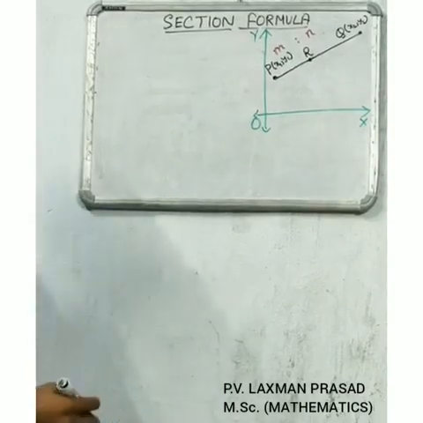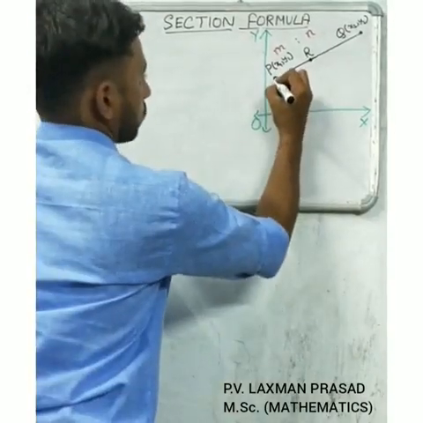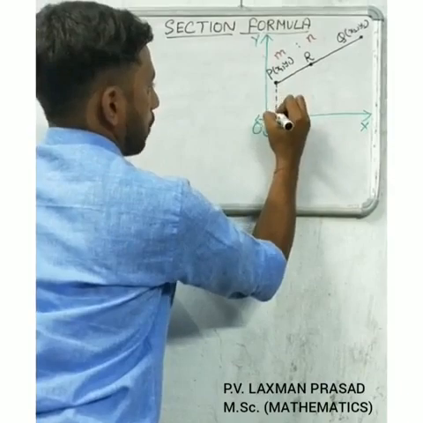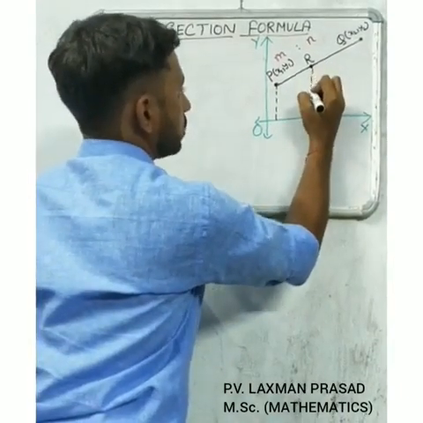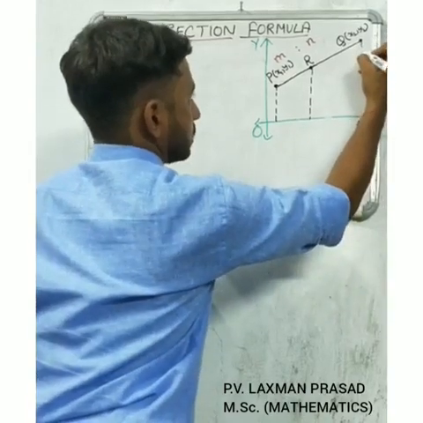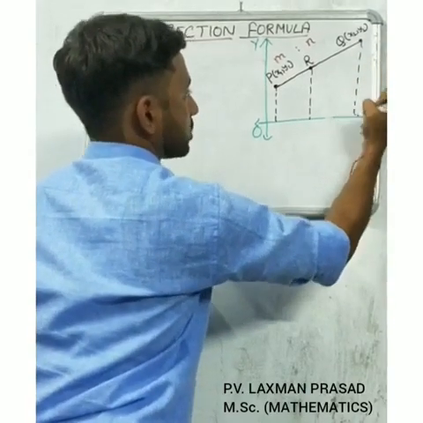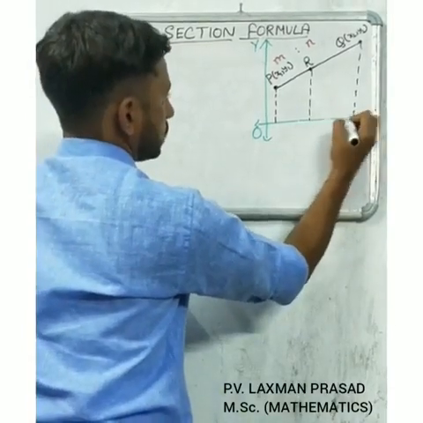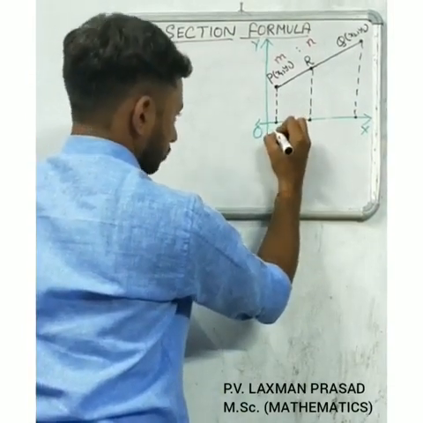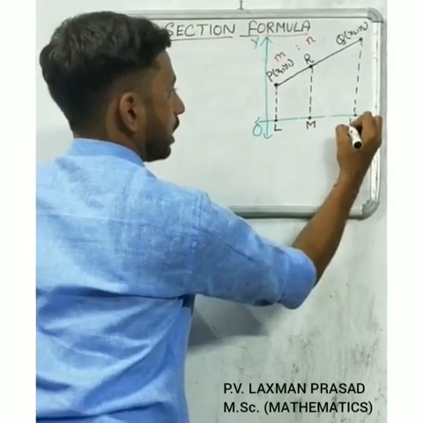In order to prove this, we will drop perpendiculars on the axis so that we complete triangles, which by construction should be similar. I am naming the feet of these perpendiculars as L, M and N respectively.